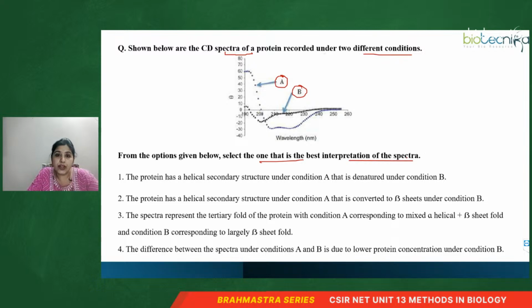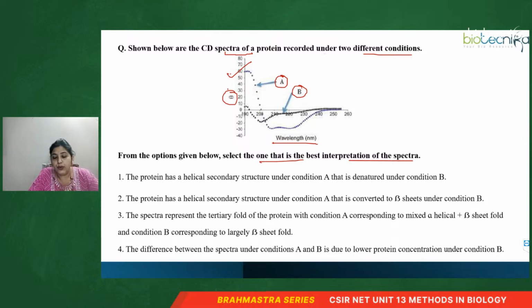To answer this question, you should know the application of circular dichroism spectroscopy, and which region of electromagnetic radiation is used to study secondary or tertiary structure. You should also know how to read the circular dichroism spectrum: on the x-axis wavelength is given and on the y-axis ellipticity is given.